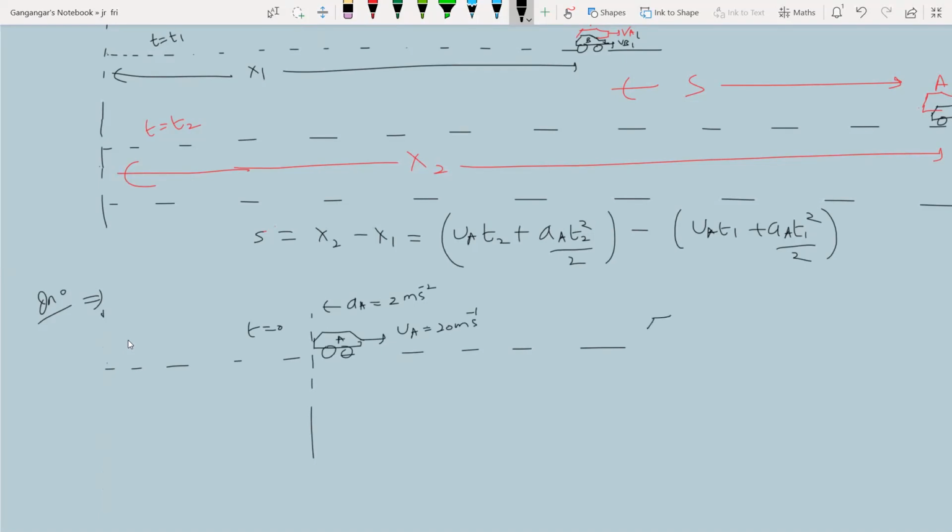And car B, initial velocity of car B is 4 meter per second, acceleration 1 meter per second square. Initial separation between them is 30 meter.